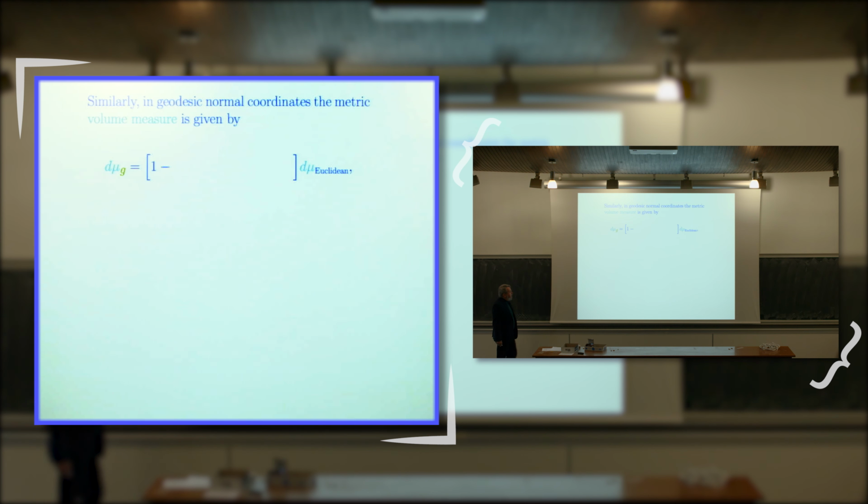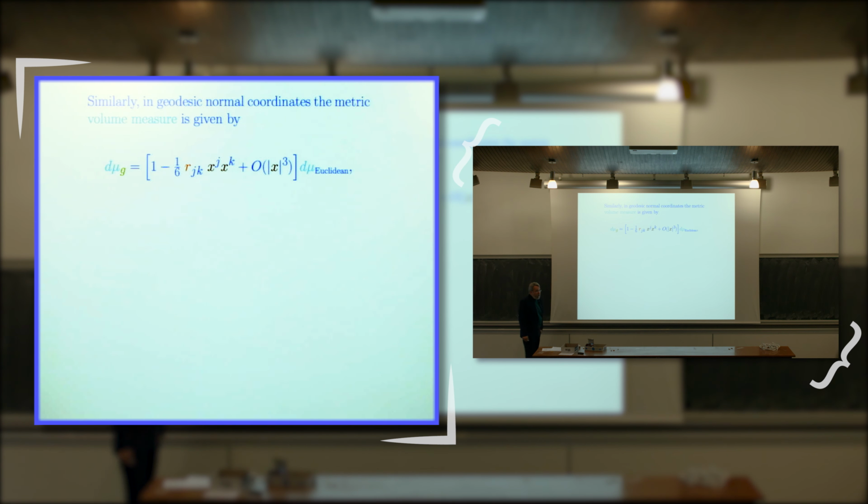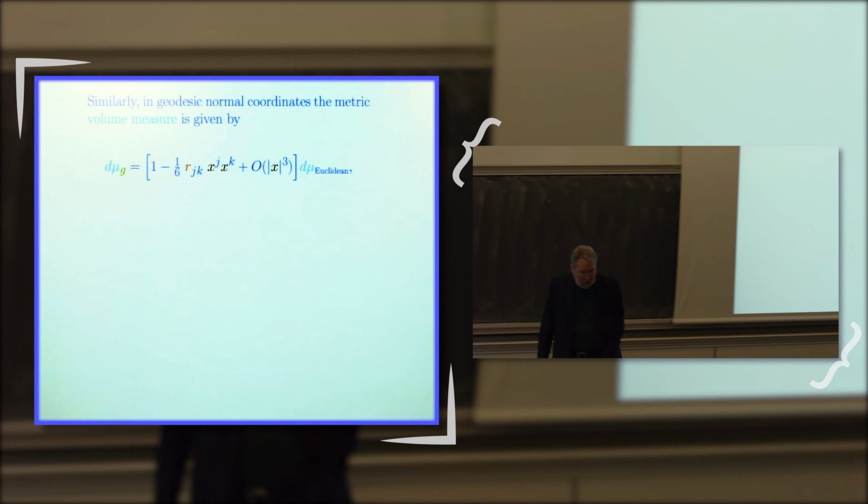How do they compare? If you look at a Taylor expansion of the coefficient, to lowest order it's 1. And then there's a quadratic deviation, and then there are terms that are cubic or higher.